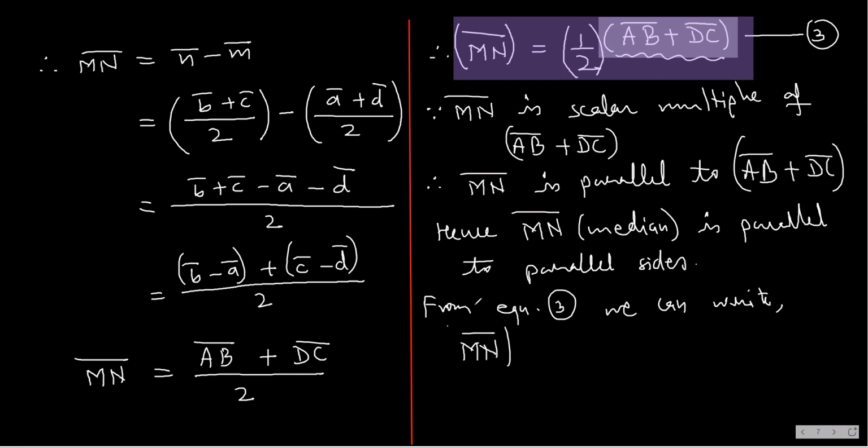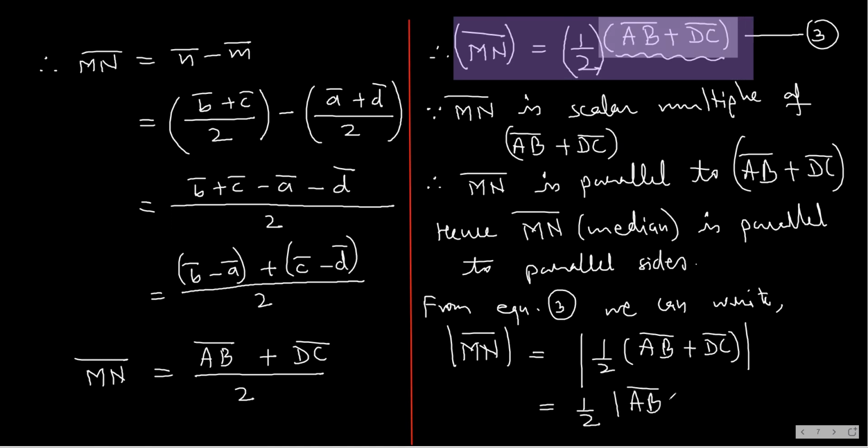See, I'm taking magnitude on both sides of this equation 3. So I have mod MN bar equals mod of 1 by 2 times AB bar plus DC bar. That is equal to 1 upon 2, which is a constant, it will come out, mod of AB bar plus DC bar.